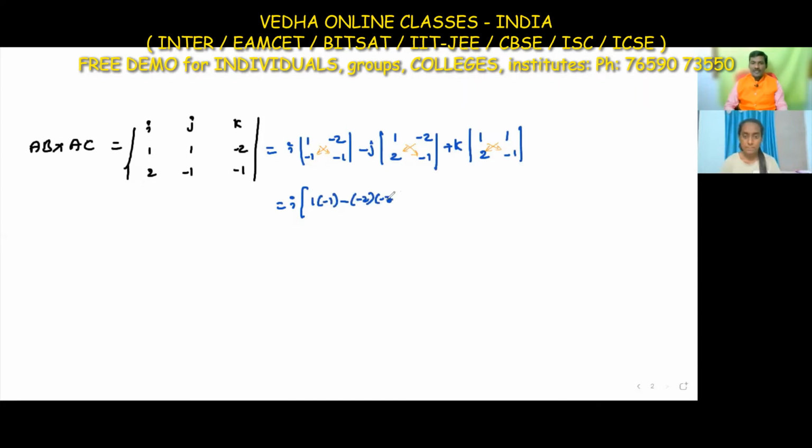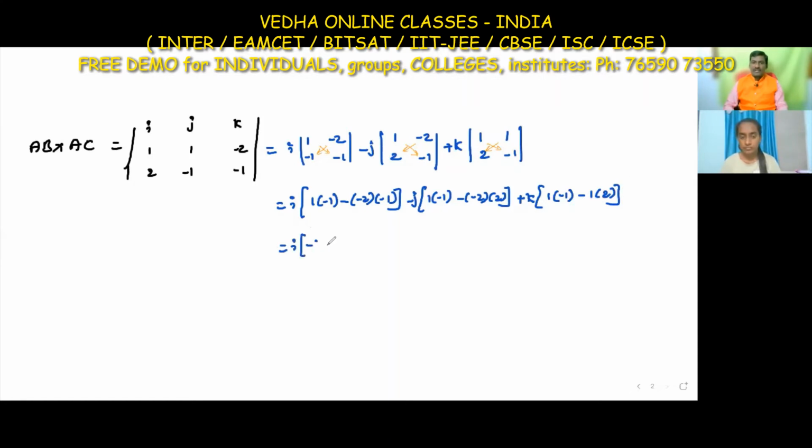Minus j into 1 into minus 1 minus minus 2 into 2. Plus k into 1 into minus 1 minus 1 into 2.